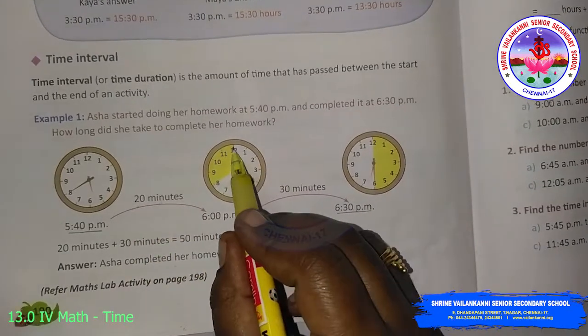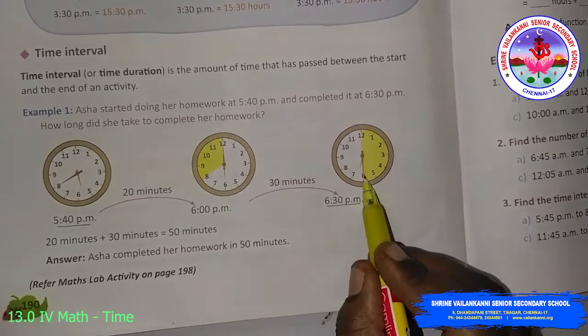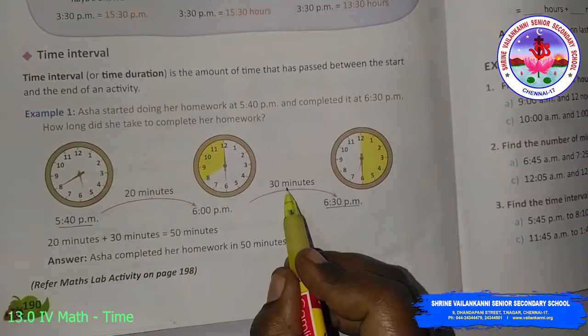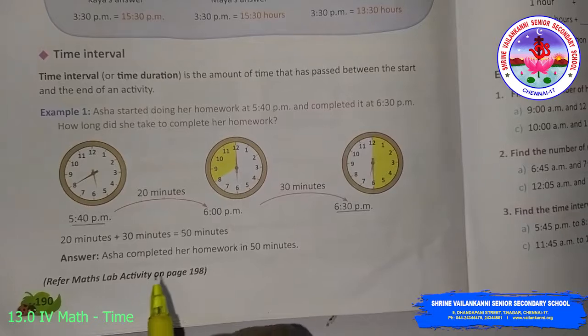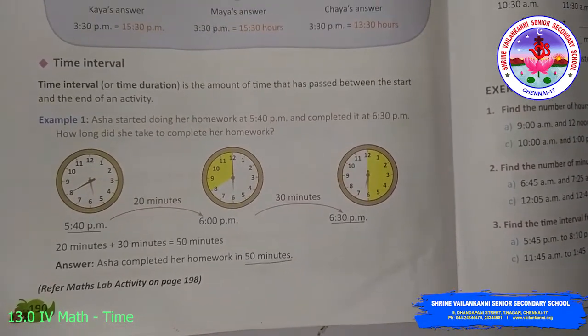Again from 6 p.m. to 6:30 you have 30 minutes. So just add these 20 minutes and 30 minutes, you'll get 50 minutes. So she has completed her homework in 50 minutes.